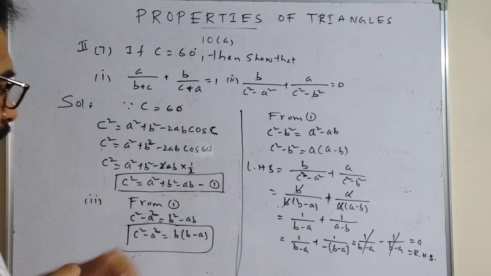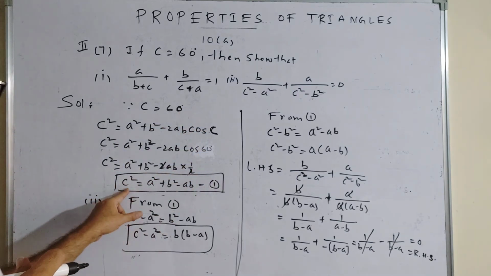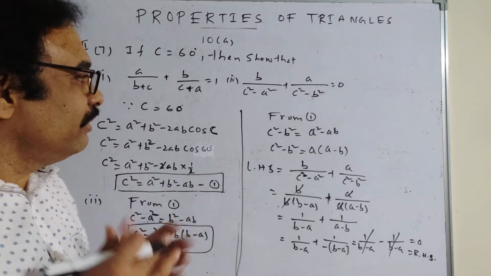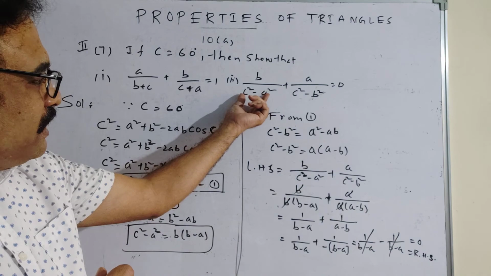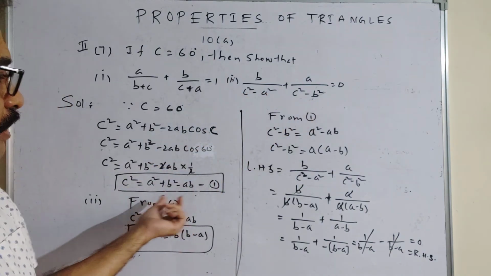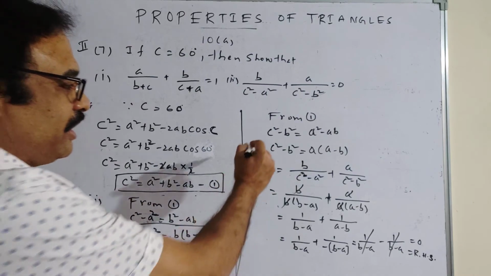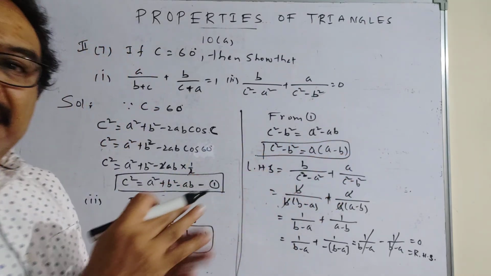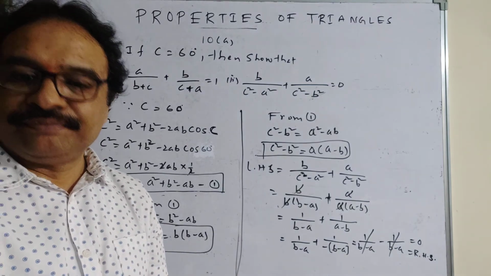Cos 60 is 1 by 2, the 2 gets cancelled. I am getting c square is equal to a square plus b square minus ab. Now we are going to take the c square minus a square format from this and the c square minus b square format from this, and I am going to get two results. Therefore, you are going to complete the rest of the answer very neatly.